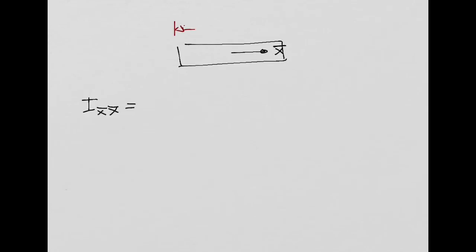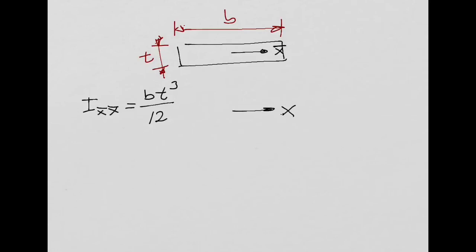Let's say this is the width b, this is the thickness t. The second moment of area about this axis is bt^3/12. Remember this equation? Now imagine I want to get the second moment of area about the parallel axis, x. And let's say this distance between these two parallel axes is equal to d.